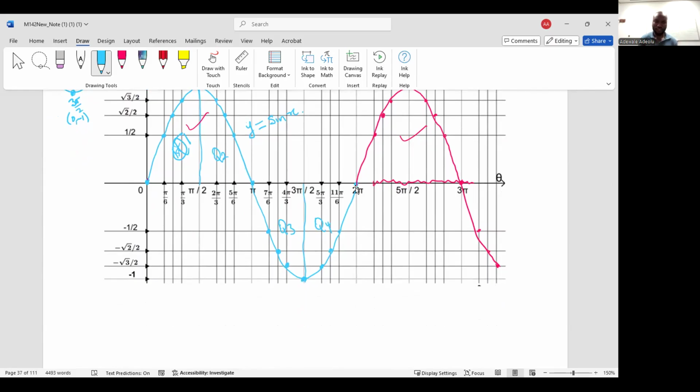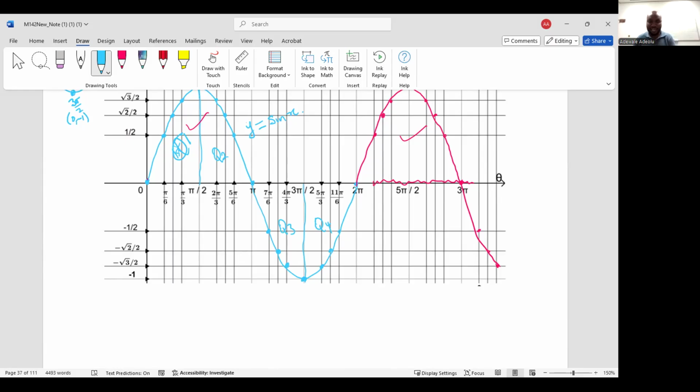Don't get confused. But teacher, you said sine function and cosine function have a period of 2 pi. Yes, nothing has changed. I am just saying we are now looking at variations of sine and cosine functions that we call sinusoidal functions.